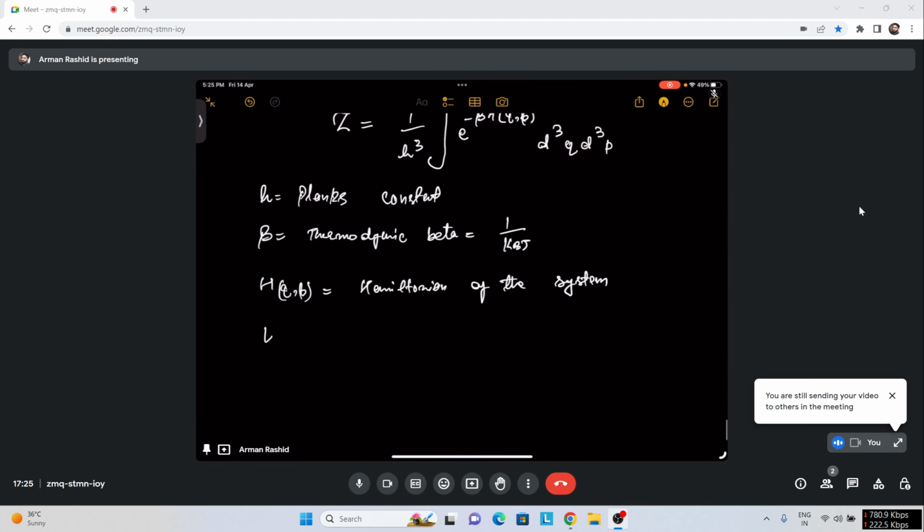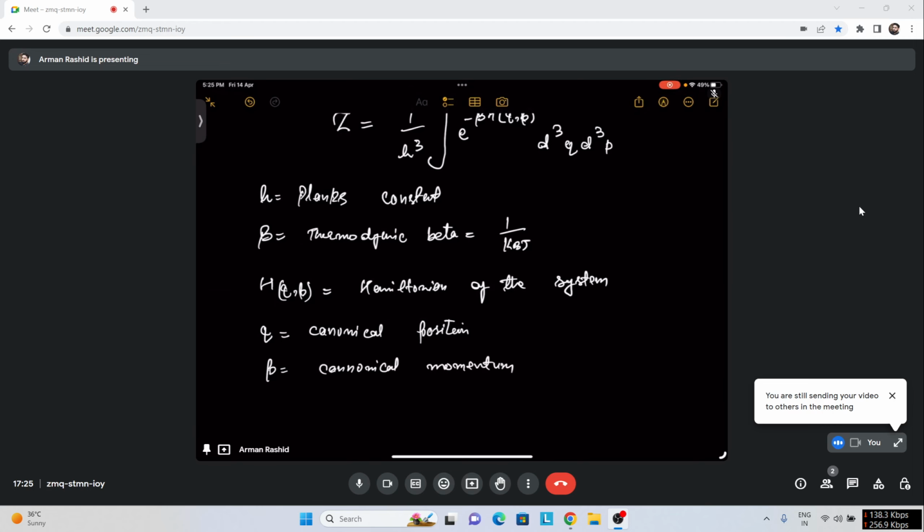Okay, and q is canonical position, whereas p is canonical momentum.